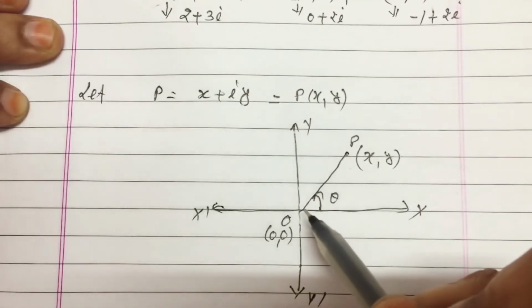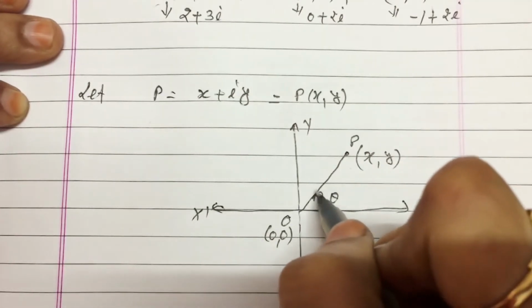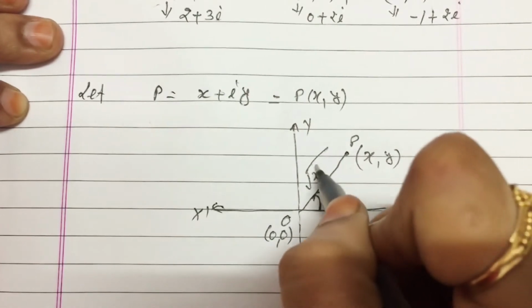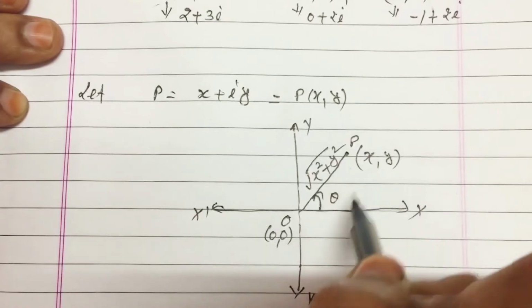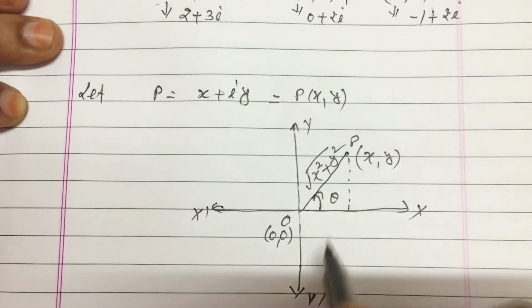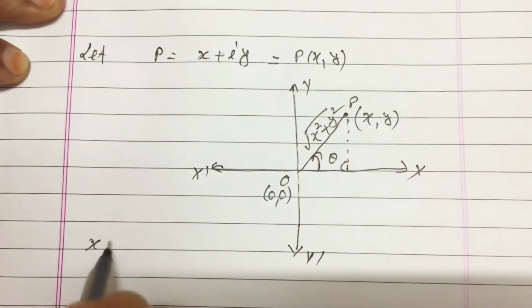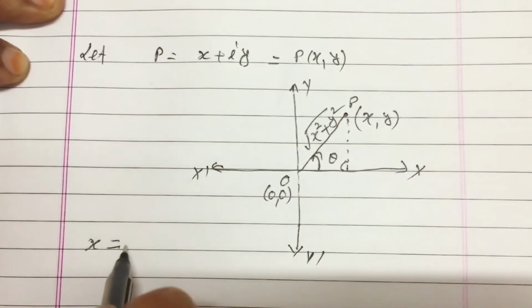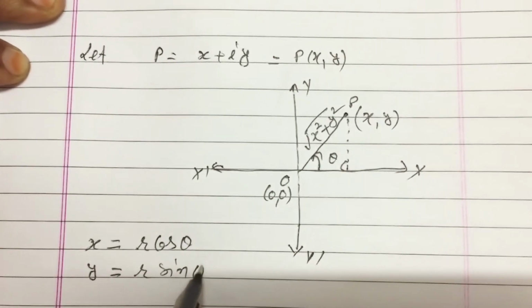Now students, the distance between the origin and point P is root x square plus y square. Okay, and if we take a perpendicular from P on the x axis, we can find the coordinates. x is equal to r cos theta, y is equal to r sin theta.